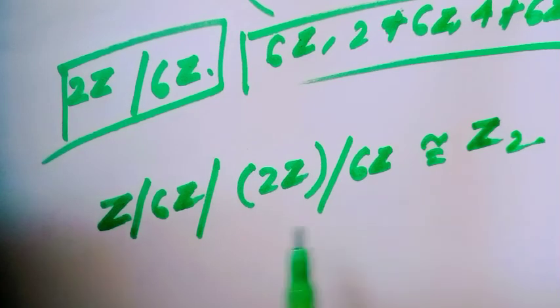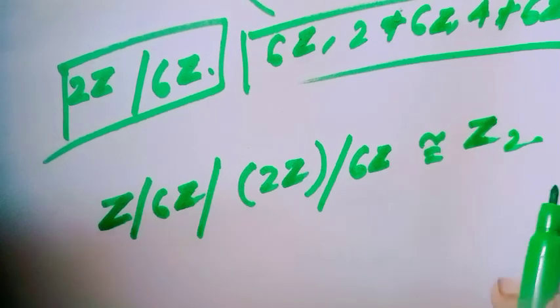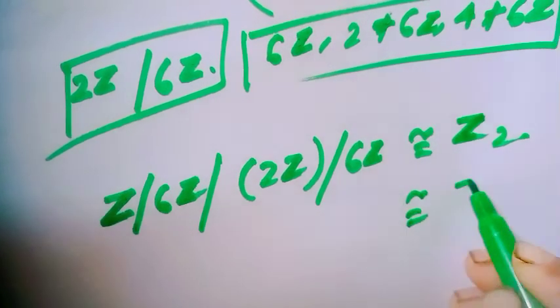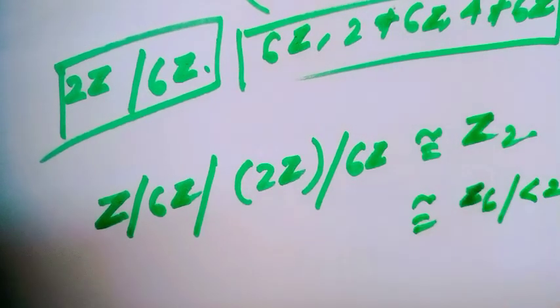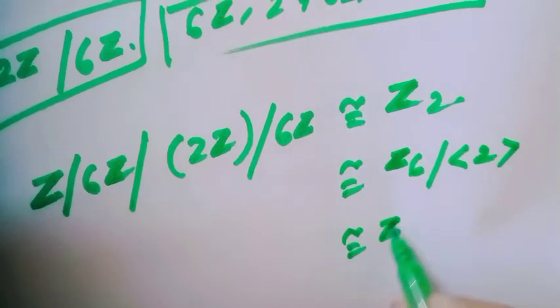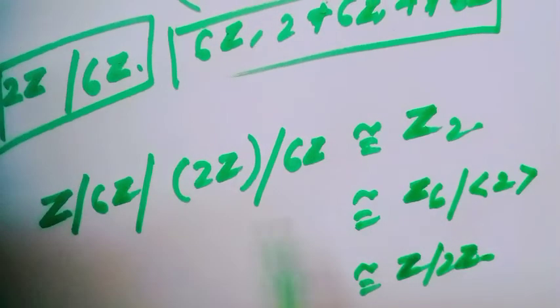So obviously this would be isomorphic to Z2, or this is isomorphic to Z6 modulo the cyclic subgroup generated by 2, or Z modulo 2Z. Are you getting the third isomorphism theorem?